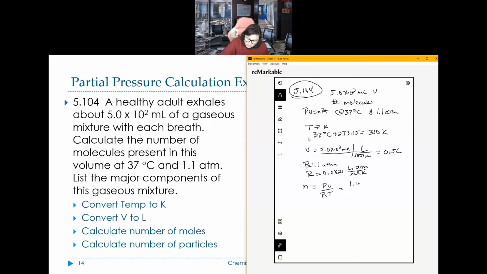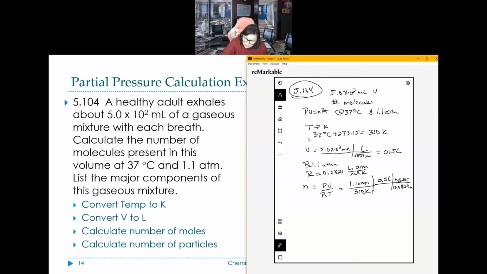So 1.1 atm times my volume, 0.5 liters, divided by temperature, 310 Kelvin, and 0.0821 liters times atmospheres per mole times Kelvin.